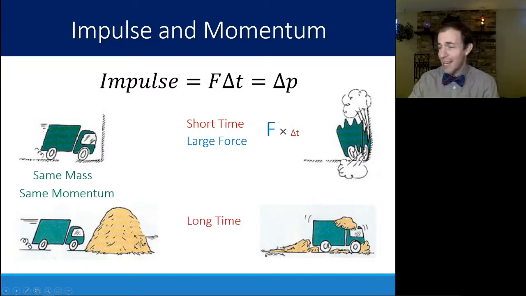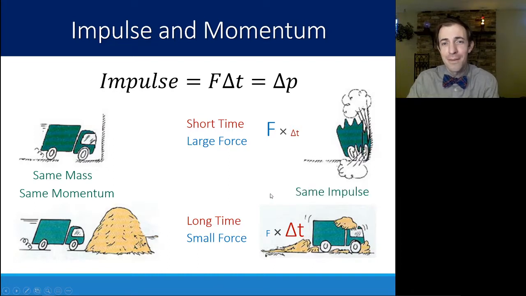If we look at the haystack, it happens over a long period of time with a very small force. And it looks something more like this if we play with those variables: a small force requires a very large amount of time in order for it to multiply out to be your change in momentum. So both of these, really interestingly, have exactly the same impulse. The impulse is the same as the change in momentum, and that was the same.